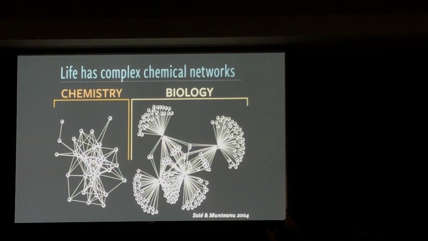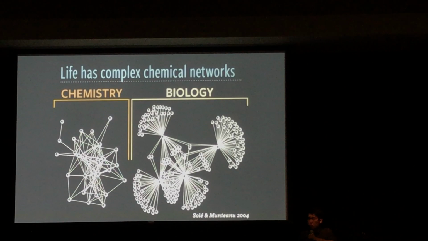So scientists have been able to characterize the network of chemicals in a purely chemical system. This is very random. Well, the chemicals are interacting with each other. I'm going to bond with you, I'm going to react with you, sort of at random. In biological systems, networks of chemicals look radically different. And this again is because biology likes to use certain molecules over and over and over again. We love to use ATP, for instance. We love to use glucose.